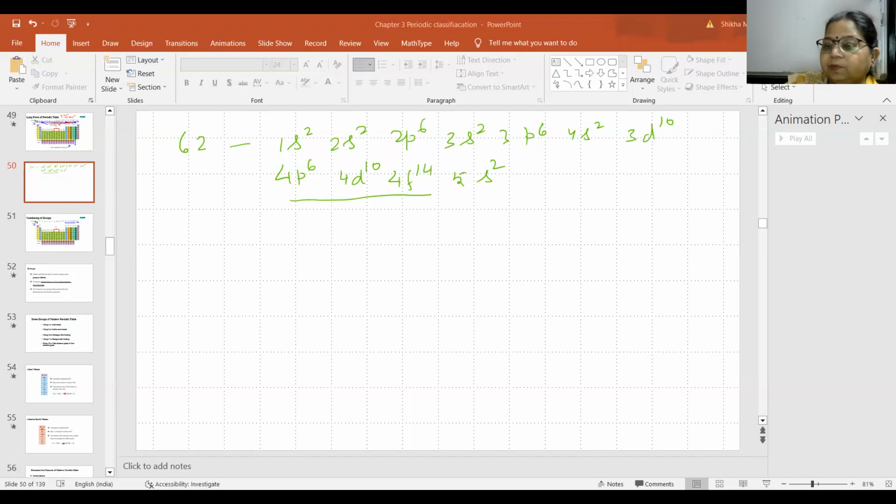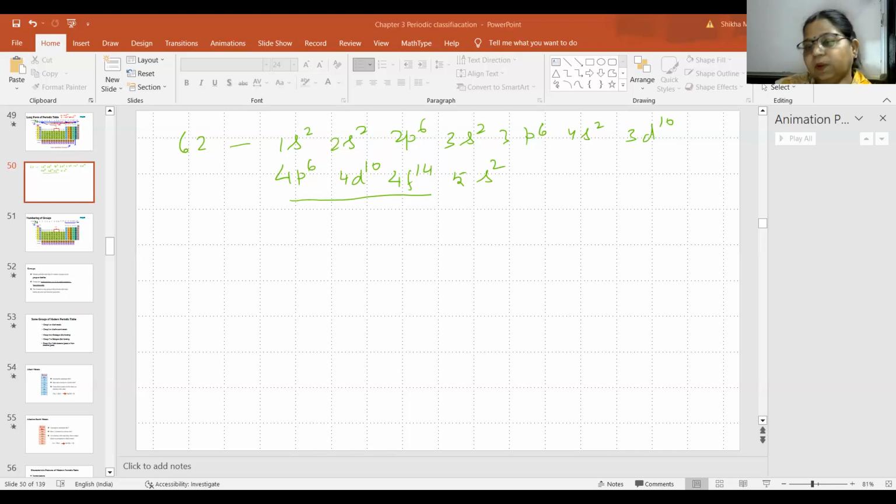Towards the end of the chapter, they have given you the entire set of the 118 elements with their correct electronic configuration. This is the one way they have referred to it, right? If I ask all of you to write it, it is going to take a lot of time.